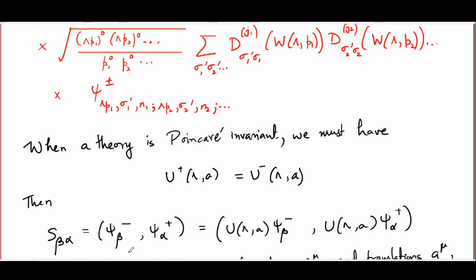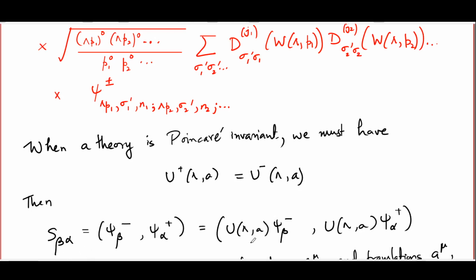Firstly, S_βα, which is the overlap between Ψ_β minus and Ψ_α plus, is of course the same as the overlap between U(Λ, a) Ψ_β minus and U(Λ, a) Ψ_α plus. Note that these two operators act on the in and the out states respectively. But right now we are assuming that our theory is Poincare invariant, so rather than say U plus and U minus, I am just using U, the same operator. Because U is unitary, unitarity guarantees that this has to be the same as S_βα.